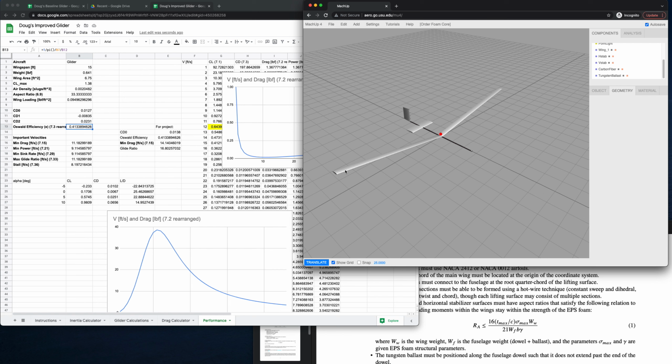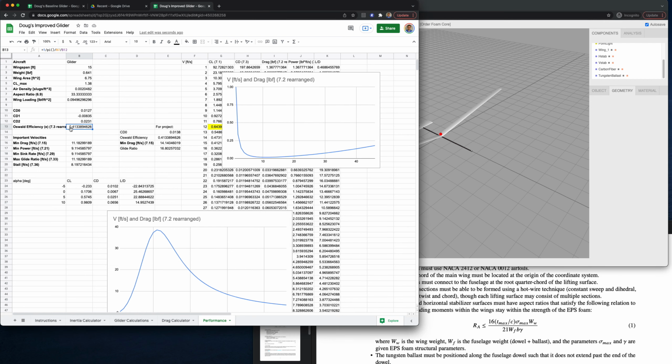The differences to be gained by going to an elliptic planform become smaller and smaller at higher and higher aspect ratios. So that's a topic for another day, but I'm just saying don't worry that you have such a low Oswald efficiency factor here.